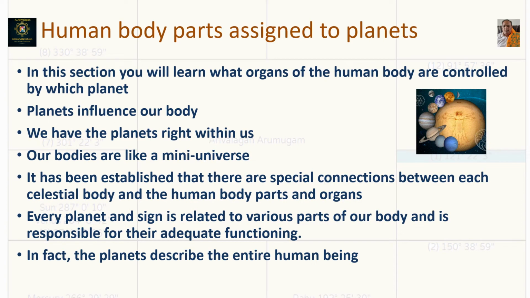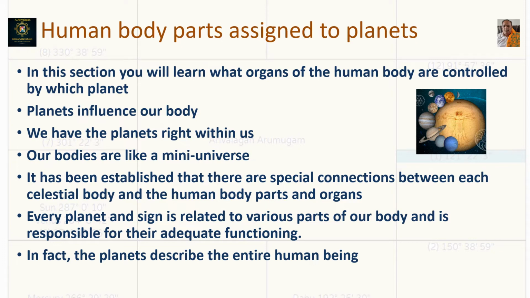Next you will see how the human body parts are assigned to the planets. Here you see what organs are controlled by which planet. That is what you will learn in this section, and how planets influence our body. We have all the planets inside our body.